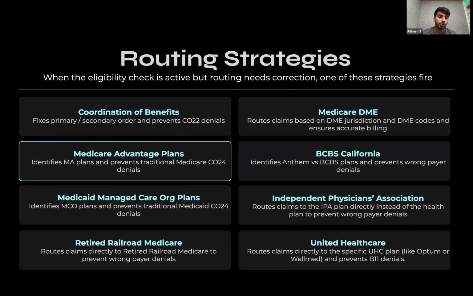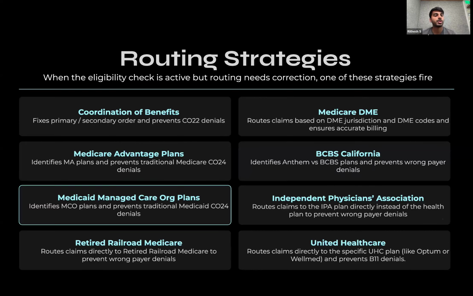This is similar to Medicaid MCO. A lot of claims we noticed were being routed to traditional Medicaid, while actually they should be routed to the managed care organization. We follow a similar strategy where we try to find the signal in the eligibility check and we prevent CO24 denials in this way.